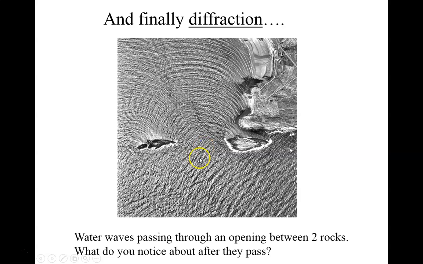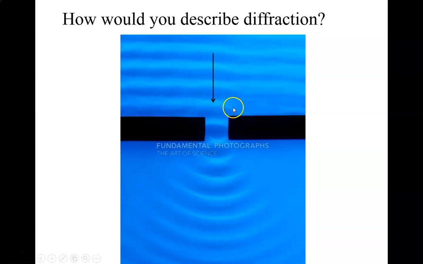Here the water wave is going through this opening where we've got these two rocks as the disruption. You can see these circular waves resulting from that. Basically, when water meets an opening, it acts as if the wave was being generated at that opening. It's like somebody was tapping their finger in the water here.